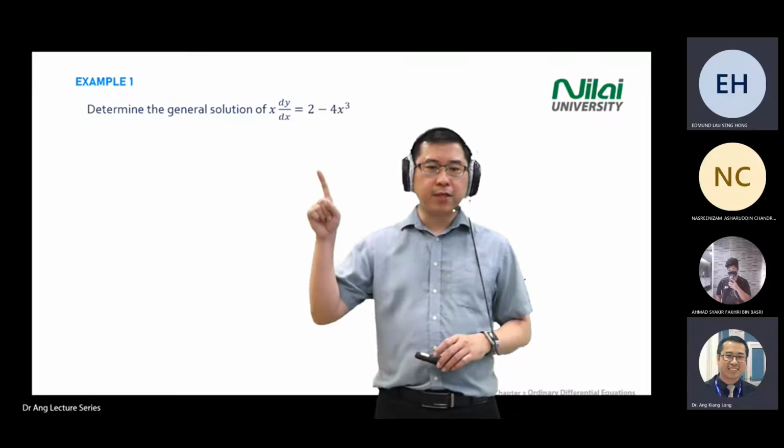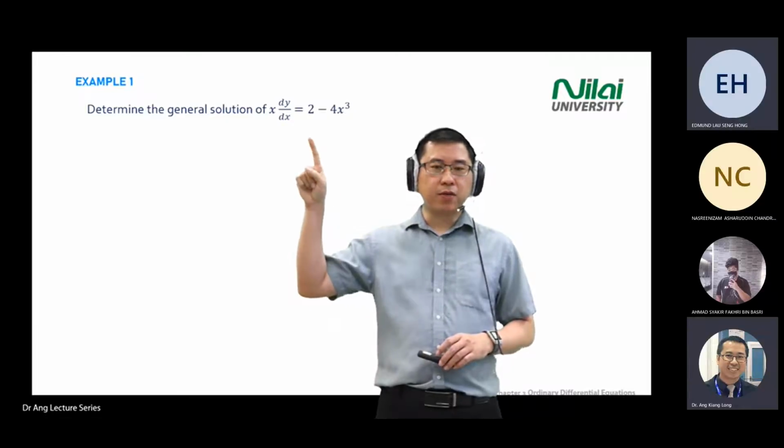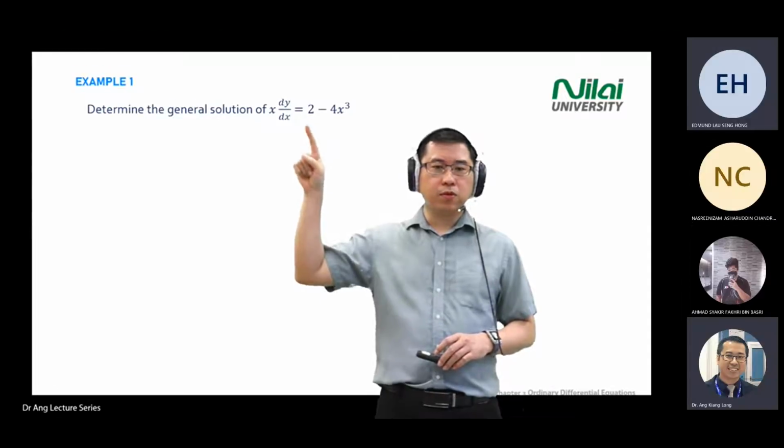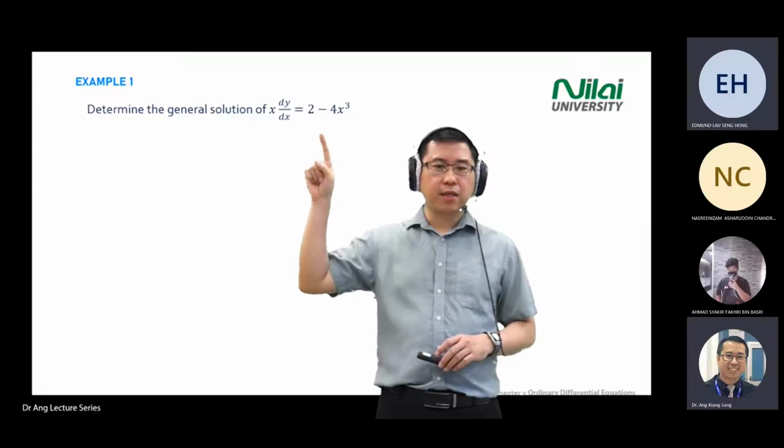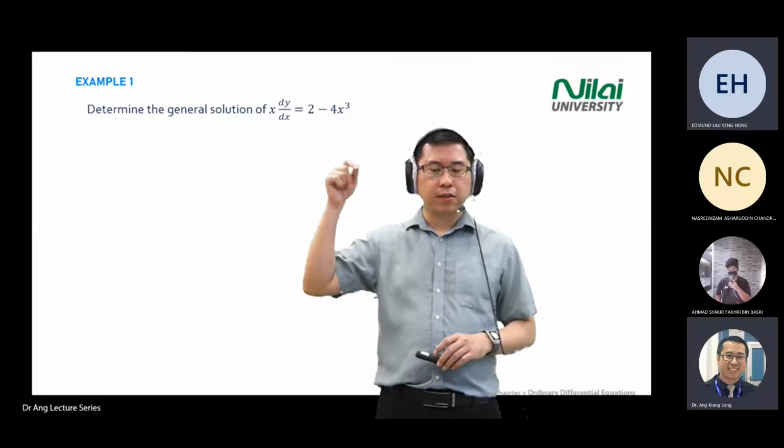Again, repeat your answer. Dy dx equal to 2 bracket, 2 bracket, 4 multiply 3.